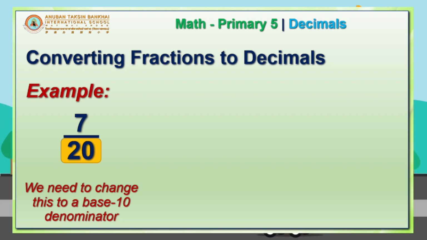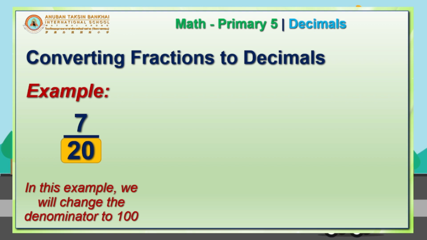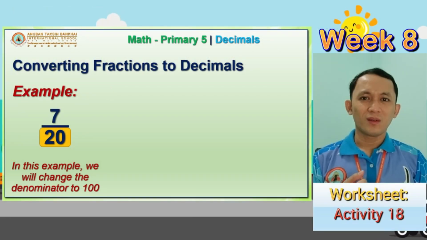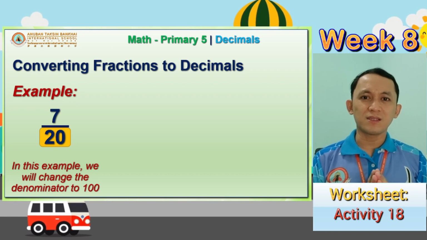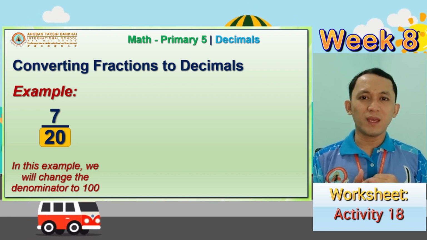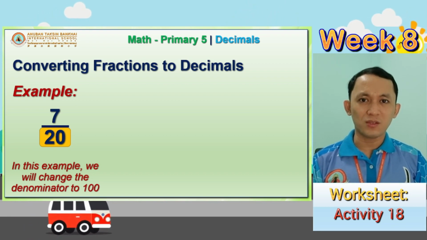So therefore, we are going to change 7 over 20. In this example, we are going to change 20 to 100. We cannot change it to 10, of course. We cannot also change it to 1000 since 20 can be converted to 100.